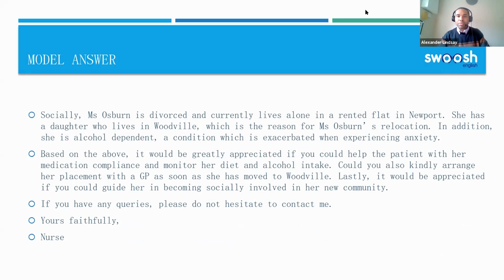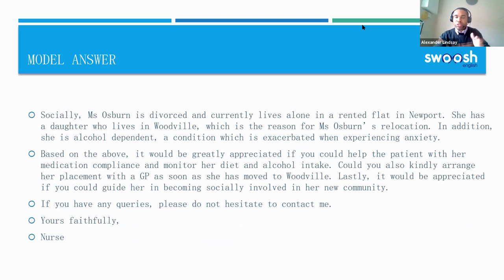In the second part of the model answer, "socially", so we've still got that "socially" just to really let the reader know exactly what the paragraph is focusing on. Remember that information retrieval, making that clear. Ms. Osborne is divorced and currently lives alone in a rental flat in Newport. She has a daughter who lives in Woodville, which is the reason for Ms. Osborne's relocation.